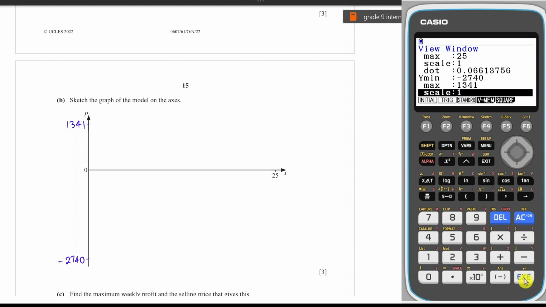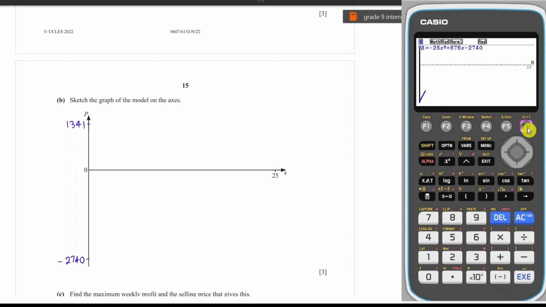Okay, let's try it now. Okay, this is perfect now. So we can just draw this sketch from here. So we'll just roughly draw this something like this. Okay, I think this works.